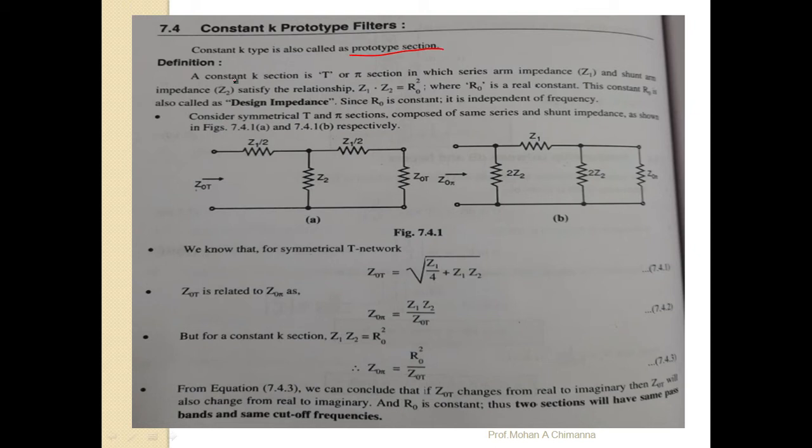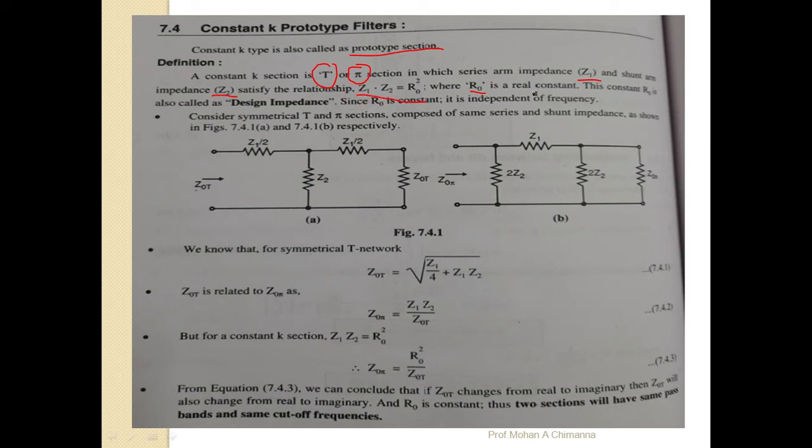In the definition of the constant K, there are two sections available. The first is the T section and the other is the pi section, in which the series arm impedance is represented by Z1, and the shunt arm is represented by Z2. To satisfy the relationship between them, there is a real constant, also represented by RK, such that Z1 Z2 is equal to R0 square.